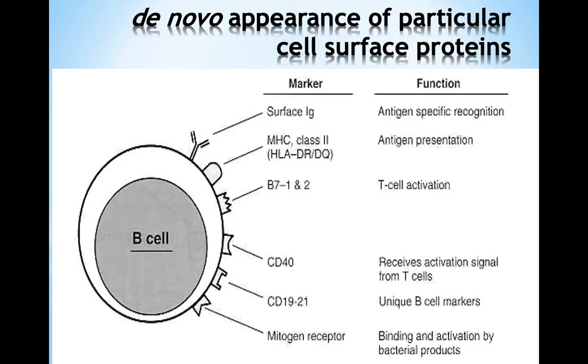Aside from MHC class 2, another cell surface protein that you expect to find in a B cell is the B7-1 and B7-2. So B7 is actually a type of peripheral membrane protein. It's a membrane protein we expect to find on activated antigen presenting cells.